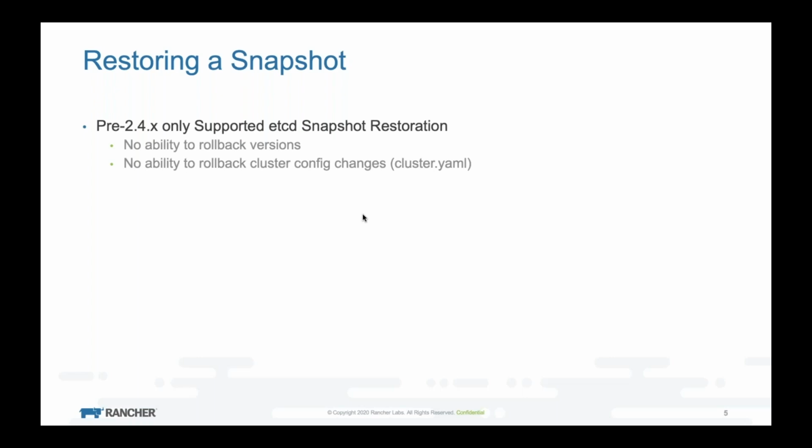So for the most part, I think that everybody would understand this best, where you would do exactly what Rajashree just showed you, where you would take a cluster which is on 1.16, you would snapshot it, and then you would upgrade it to 1.17, and then you would restore a 1.16 snapshot to a 1.17 cluster. Some people could imagine that restoring a 1.16 etcd database to a 1.17 Kubernetes cluster might not be ideal.